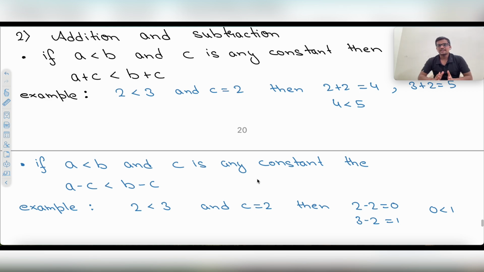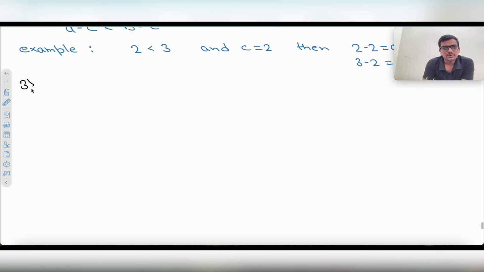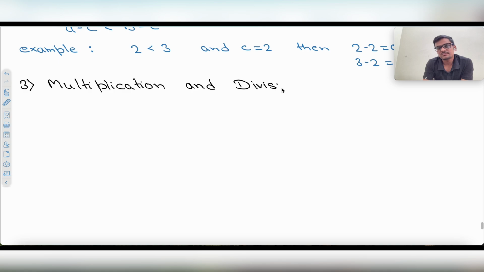Now the third property is multiplication and division. In multiplication and division, I will first write for the multiplication. So if we have two numbers, suppose A that is less than the other number B, and C is my third number, and that C is positive for me.